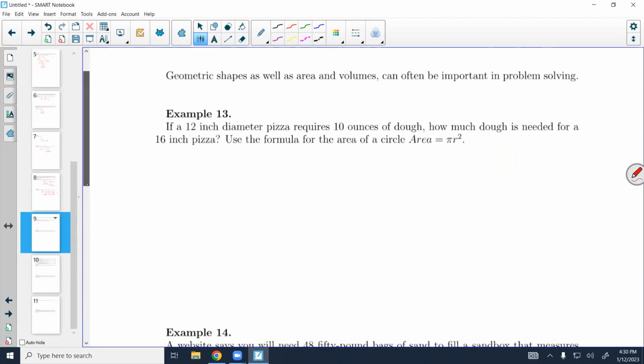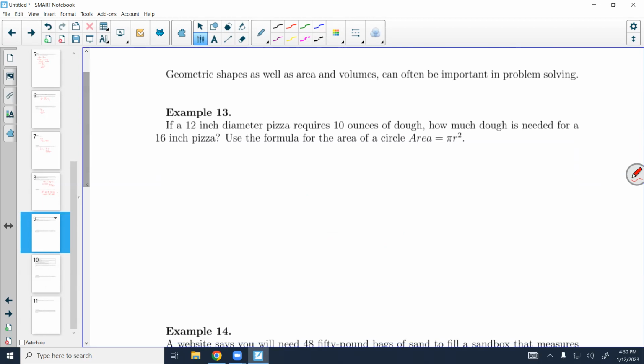Okay, now we're looking at geometric shapes. If we have a 12-inch pizza requiring 10 ounces of dough, how much dough is needed for a 16-inch pizza? So we're talking circular pizzas, although square ones seem to be the rage nowadays.